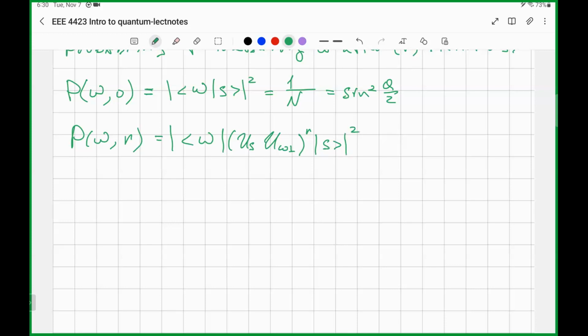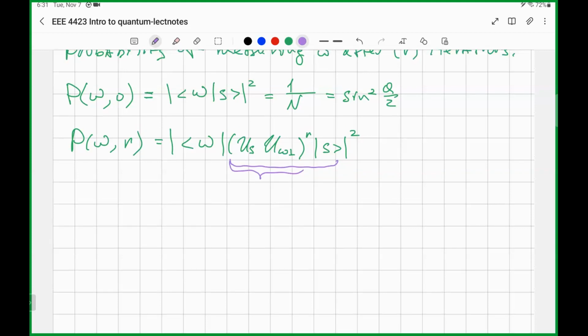So this is still a projection, but the projection of the new vector after application of this Grover iteration operator r times on the vector s.